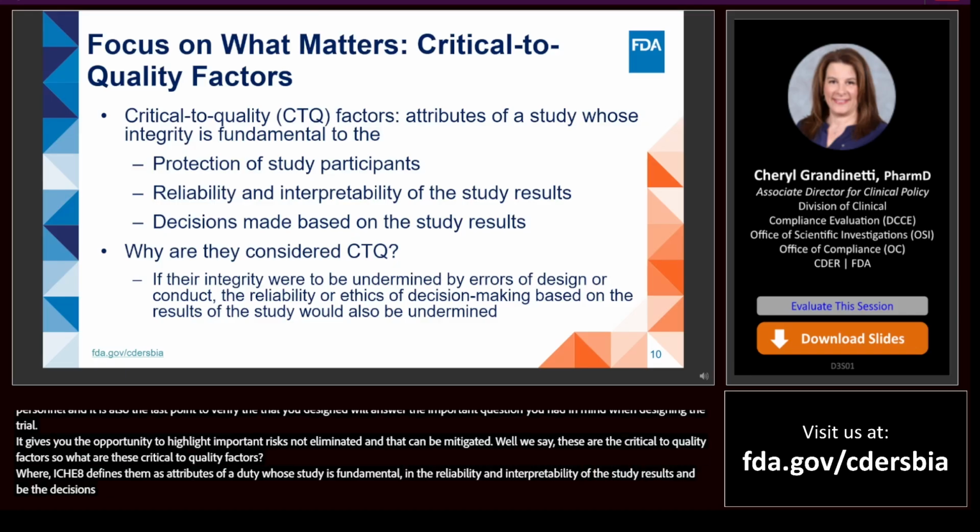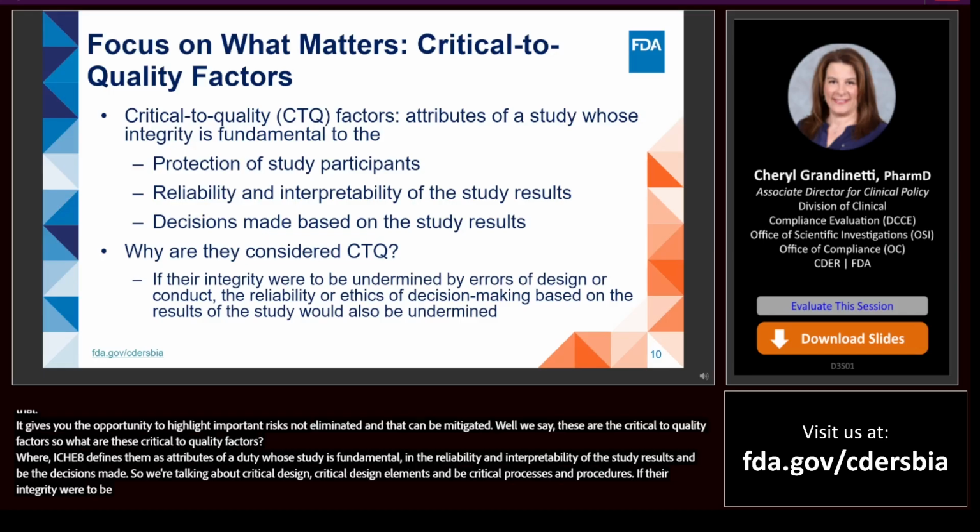So we're talking about critical data, critical design elements, and critical study processes and procedures. If their integrity were to be undermined by errors in design or conduct, then the reliability or ethics of decision-making or the results of the study would also be undermined.